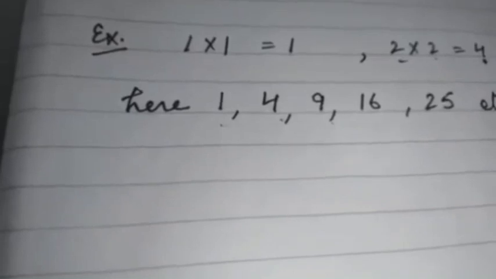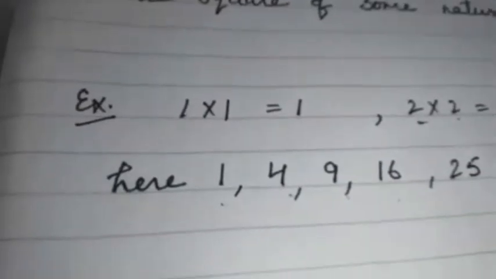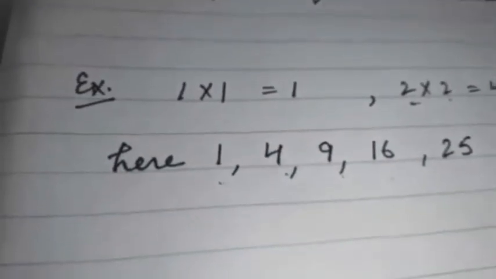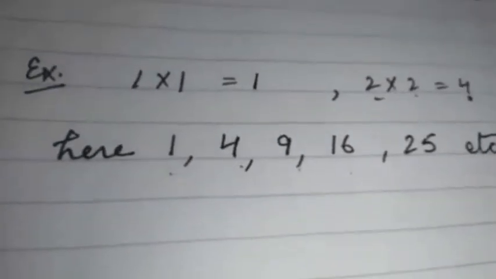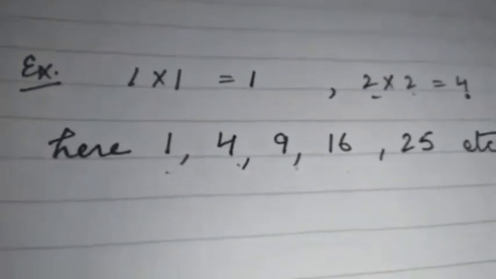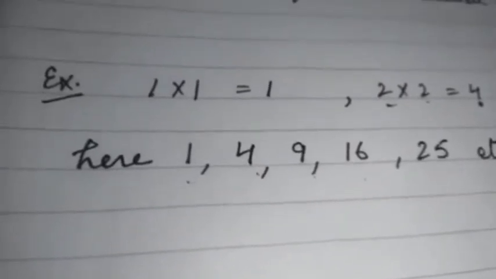Fine. Now the next step is to find out how to check whether a given number is a perfect square or not. Suppose any number is given to you and they ask you to find out whether this number is a perfect square or not. Correct.